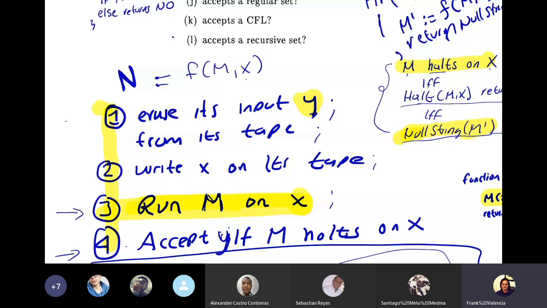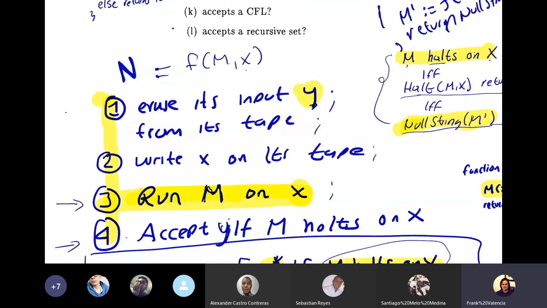But let's not get confused on that, because we don't have time now, we need to finish this.